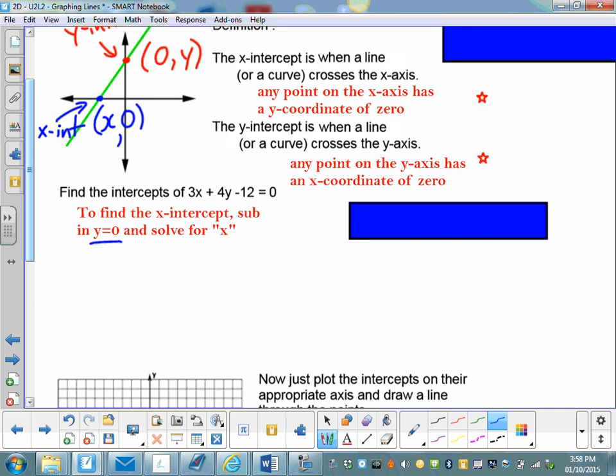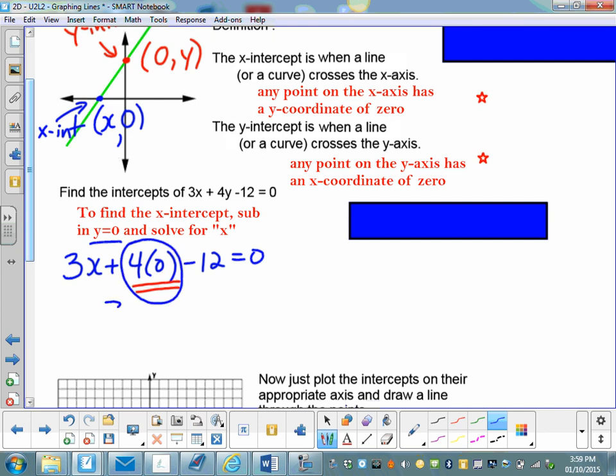So if I do that, I'm going to rewrite this. I've got 3x plus 4 times 0 minus 12 equals 0. The great news is that when we sub 0 into these equations, it makes this whole part equal to 0.